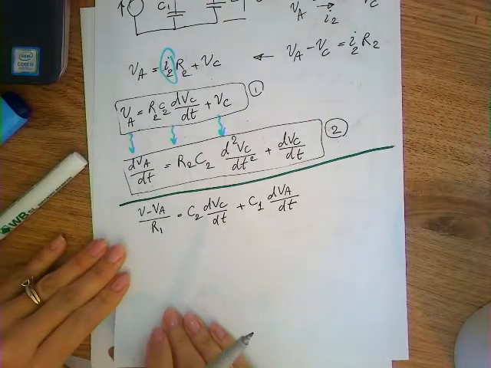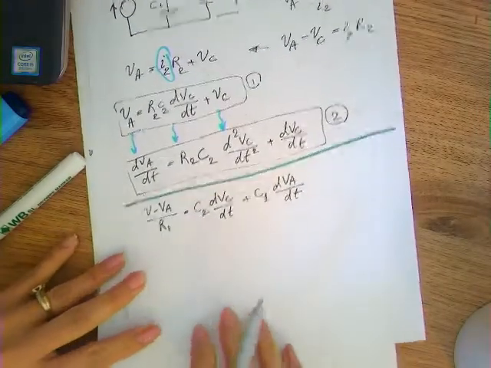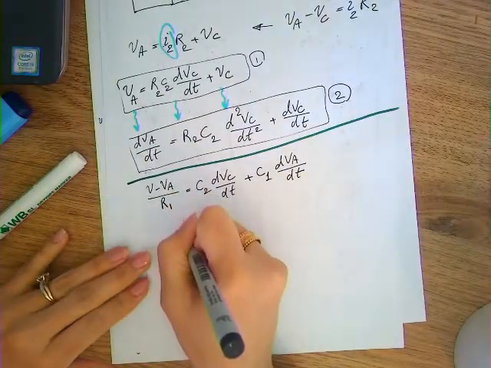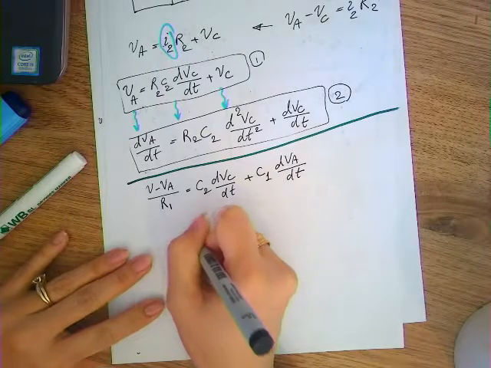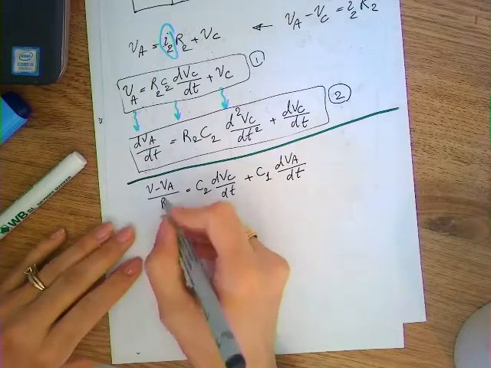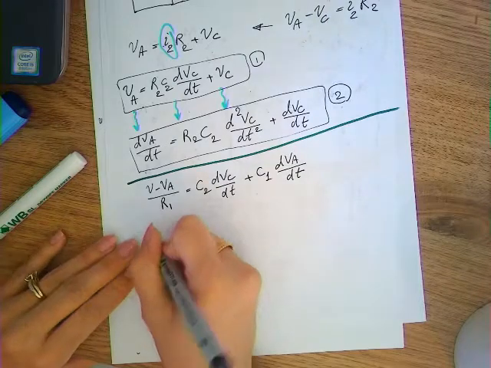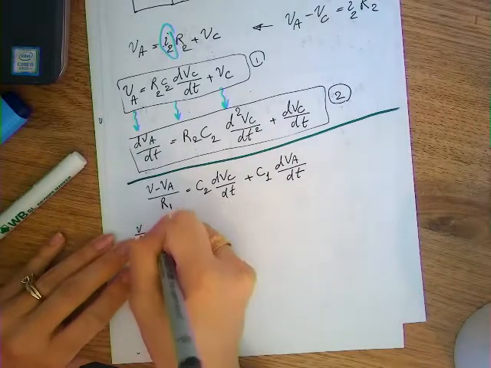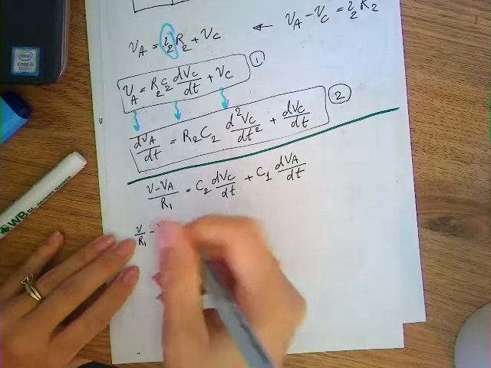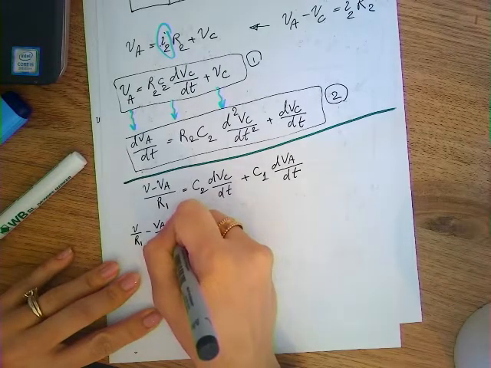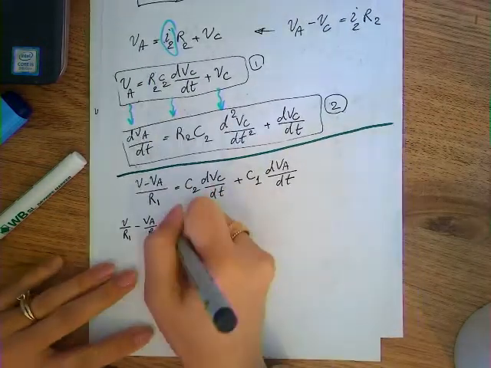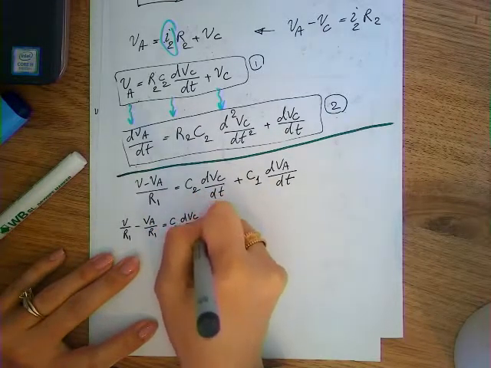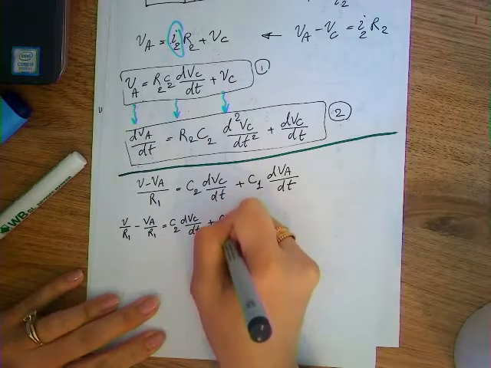So what do I have here? It will be a little bit big equation, so I'll try to write it a little bit smaller. I'm just checking my focus is fine. Yeah, alright, so I just break this down. So it will be V R1 minus VA R1, and then the other side would be C2 dVc plus C1.